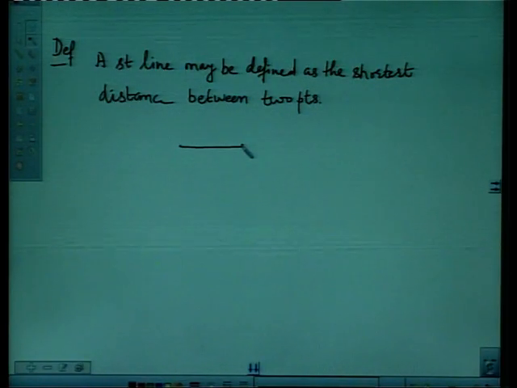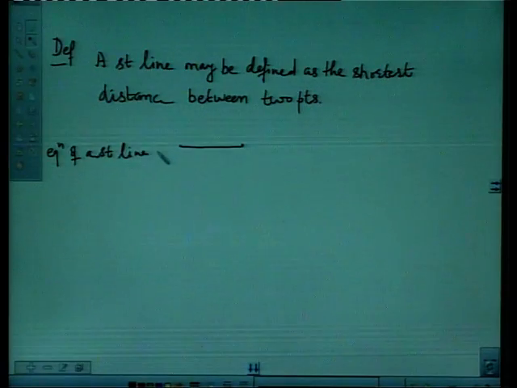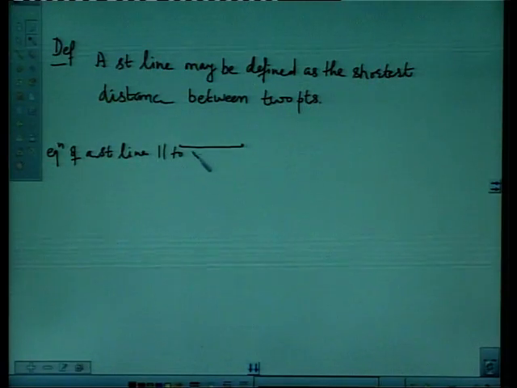Now some equations of straight line. First of all, equation of a straight line parallel to x axis.